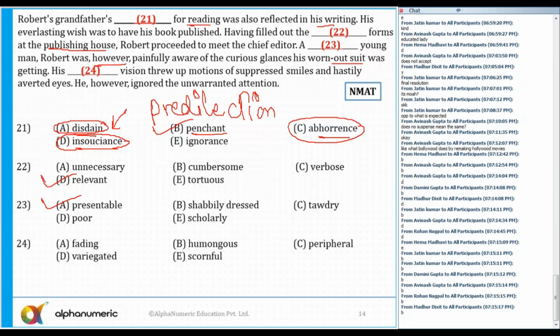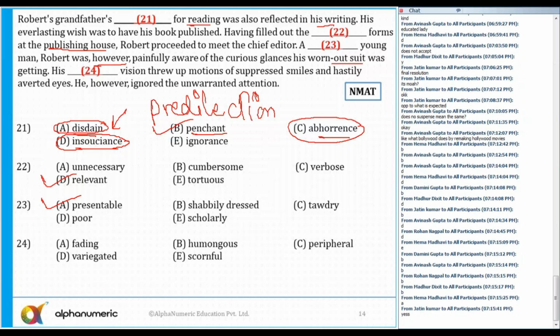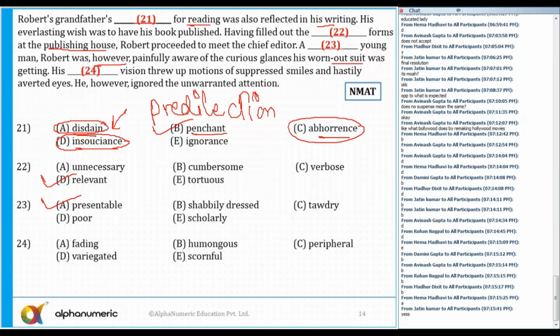Presentable. A presentable young man. Because of the word however, you need an antonym. Your clothes are bad, but you as a person are presentable. The word is presentable. However, he was aware of the curious glances his worn out suit was getting.